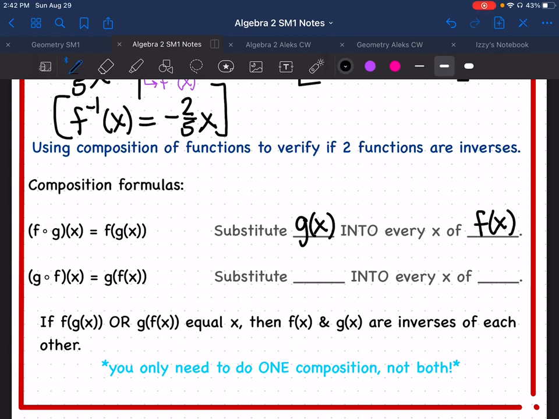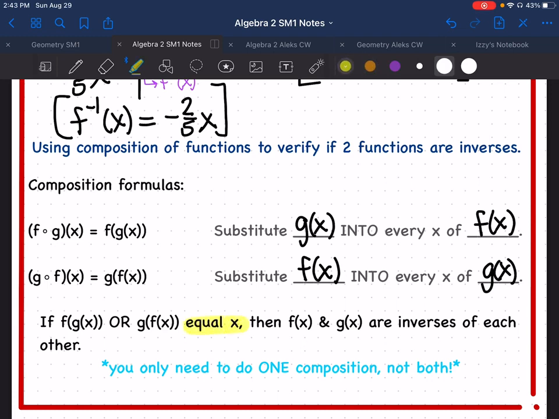Or you can choose to flip them and do them the other way. Notice this one just has g and f flipped. That's all it does. And so this one means we're going to substitute f of x into every g of x. If either one of them, this one or that one, equals x, I'm going to go ahead and highlight that for you guys.